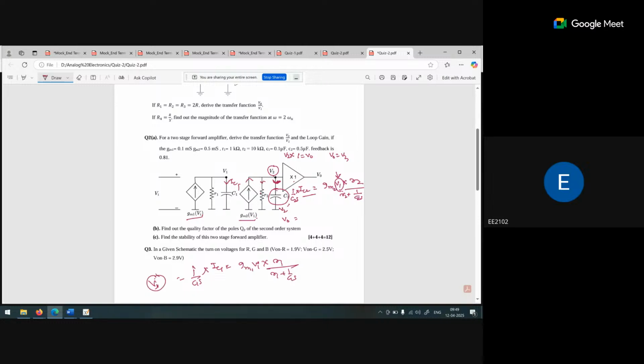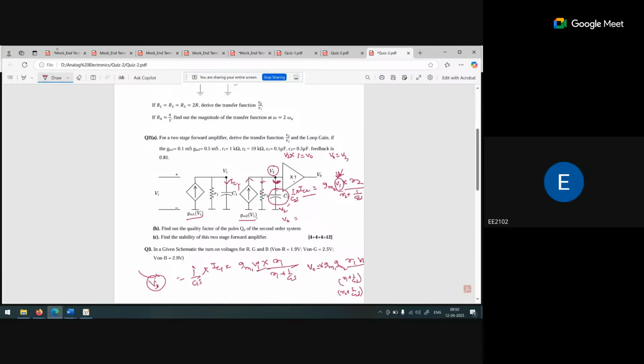Now we put this V1 voltage equation in here. So V naught is nothing but GM1 GM2 R1 R2 divided by R1 plus 1 by C1S into R2 plus 1 by C2S, multiplied with Vi.